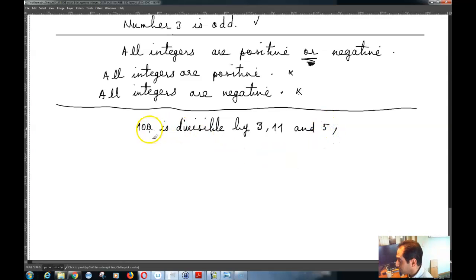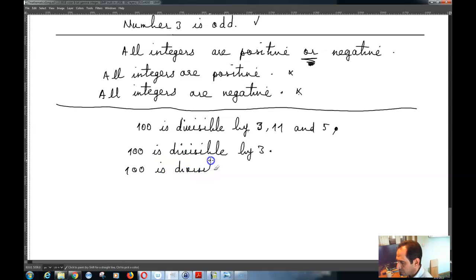So the component statements of this compound statement are 100 is divisible by 3, 100 is divisible by 11, and 100 is divisible by 5.